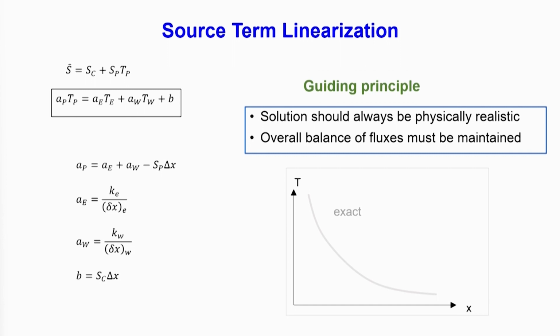Now, we had the source term S, but we do not yet have a standard way of integration of the integral S dx. Why is that important? Because the source term can also be a function of temperature. So, let us say that the source term is a function of temperature.